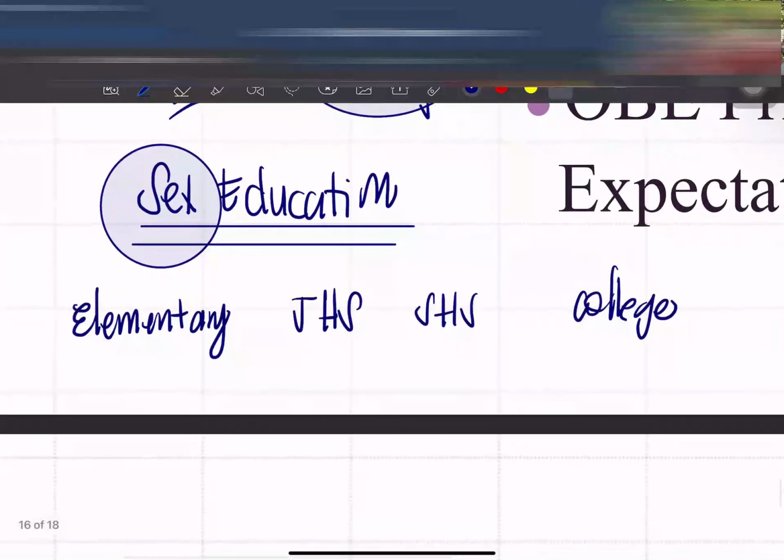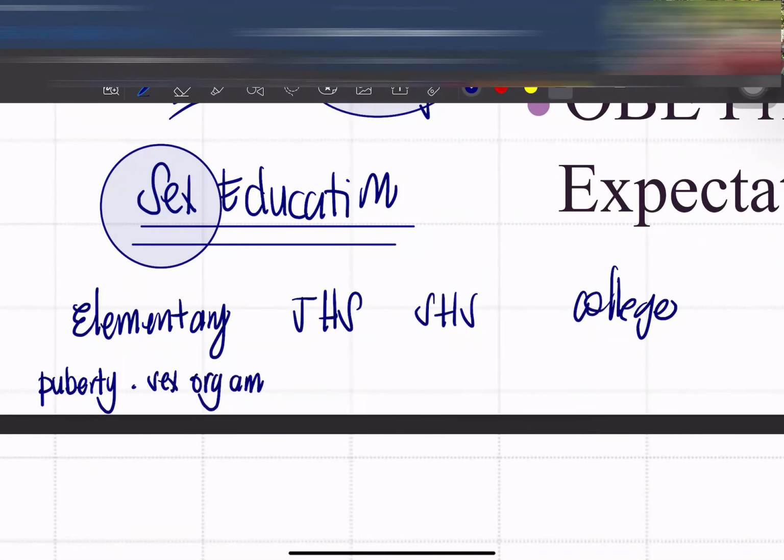But as early as elementary, we introduce to them the concept of puberty. We introduce to them the term that we already have, what we refer to as your sex organs. So class, age appropriate. Hindi pa pwede na elementary pa lang, tuturuan mo na kung anong condom, ano ang pills. Is that even age appropriate? It's not. Okay? It's not age appropriate.